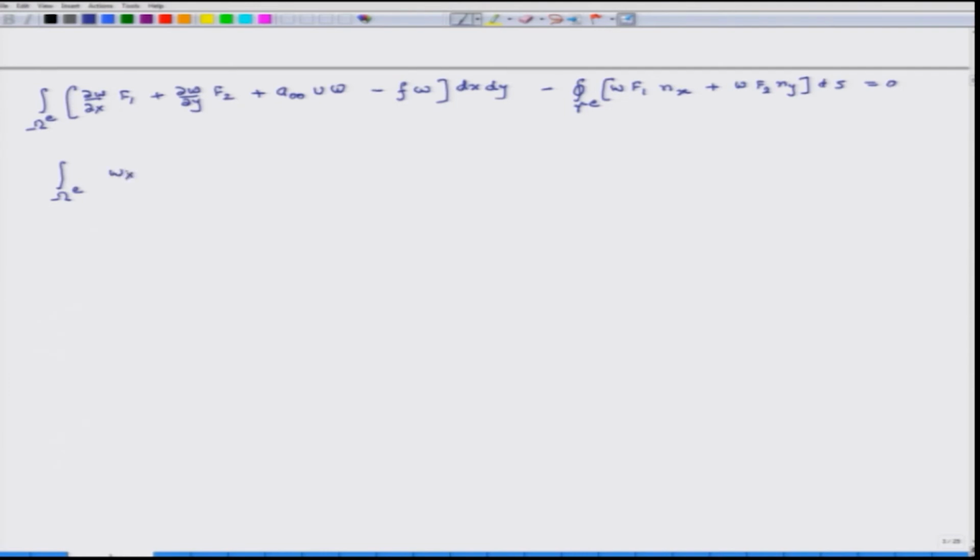So, this is wx times a11 ux plus a12 uy, plus wy, meaning del w over del y, times a21 ux plus a22 uy, plus a00 u times w dx dy equals this term, and these terms I will take to the right side.